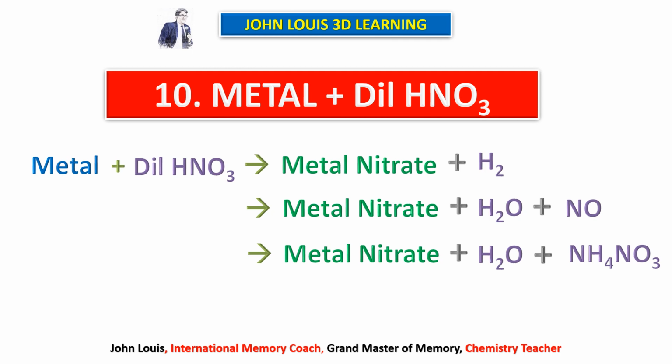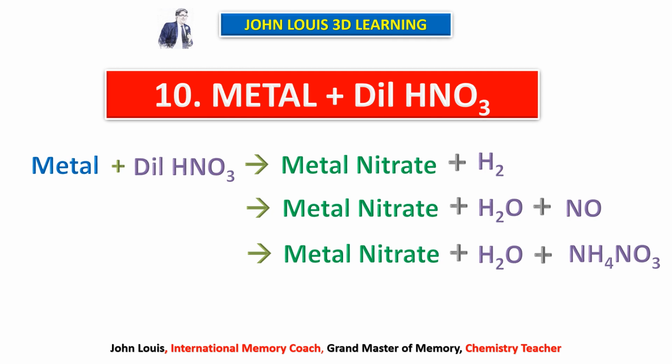So try to understand there are three different types of products formed here, depending on the ratio of nitric acid used. When you learn the actual equations in the real chapters, you can learn exactly under what conditions different products are formed. For the time being, you can understand these are the three different types of products formed.